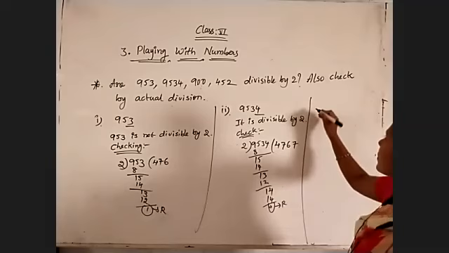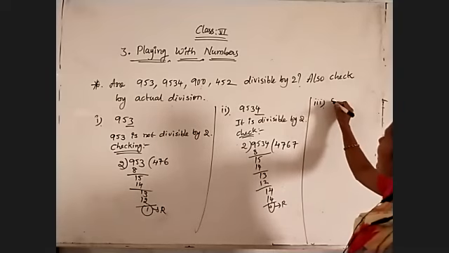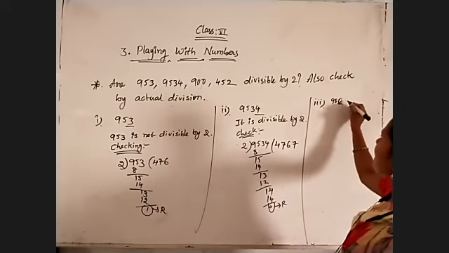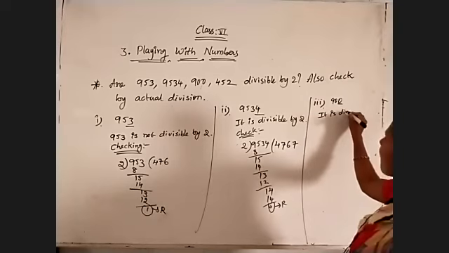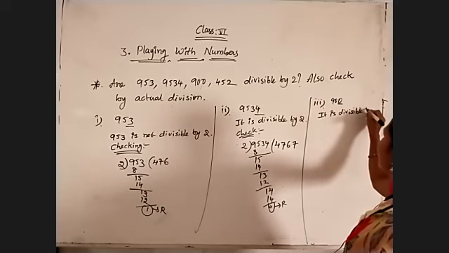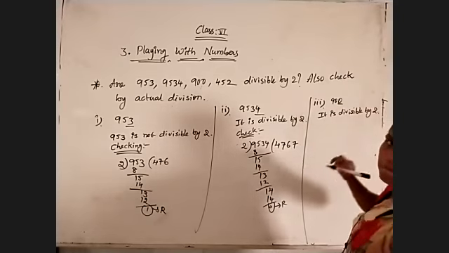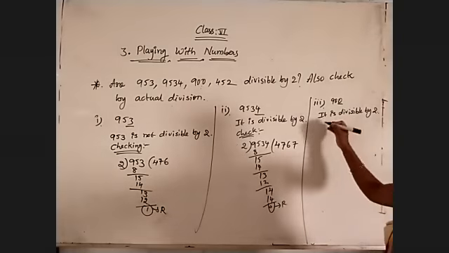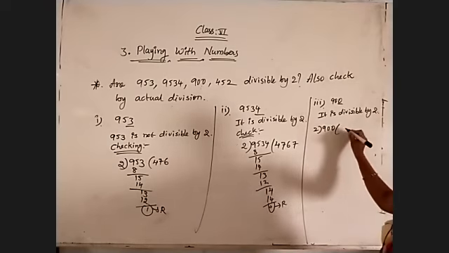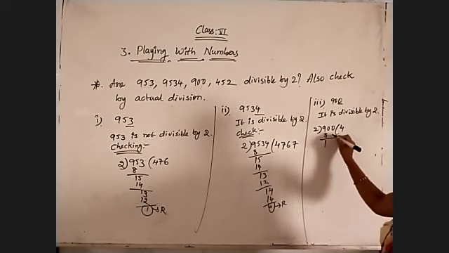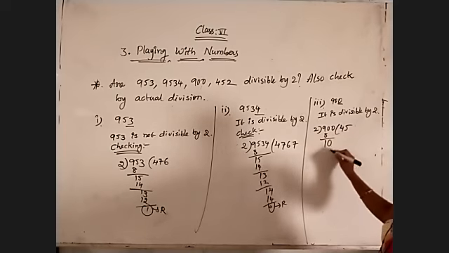So now coming to the third one, 900. Because 0 is there, it is divisible by 2. Yes. So now check by the actual division. 900 divided by 2. 2 4s are 8. 1, take down 0. 2 5s are 10.